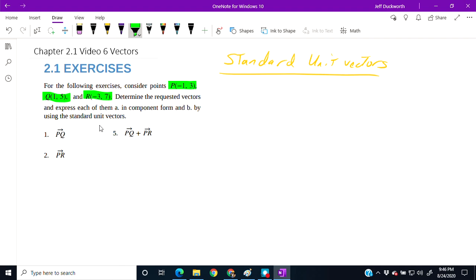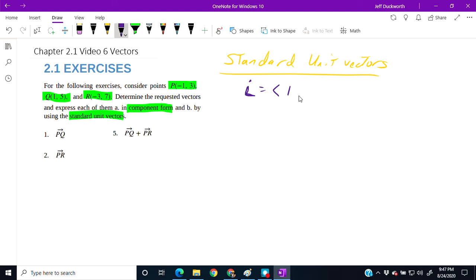So it first wants them in component form and then using standard unit vectors, which I haven't yet talked about. So the standard unit vectors are, again, units, like 1 is a unit, we multiply a value by 1 and get the same output. So the standard unit vector for the x component is i vector.